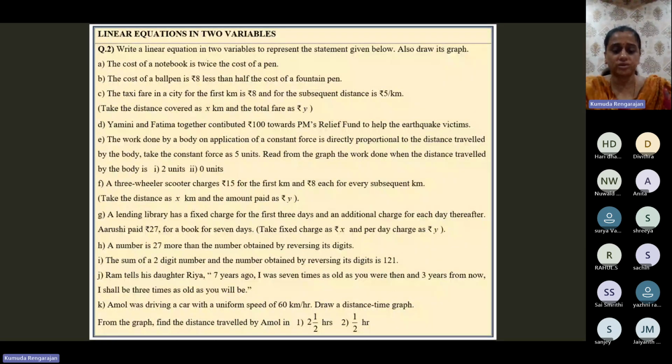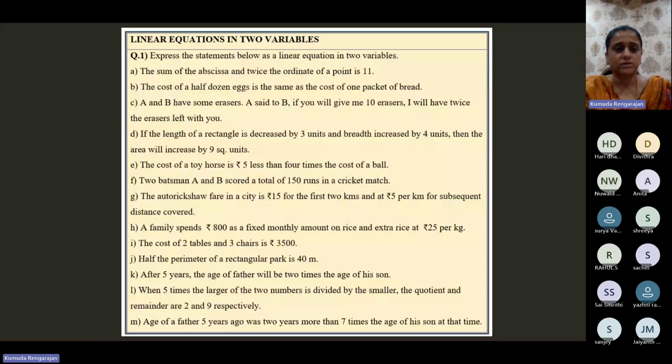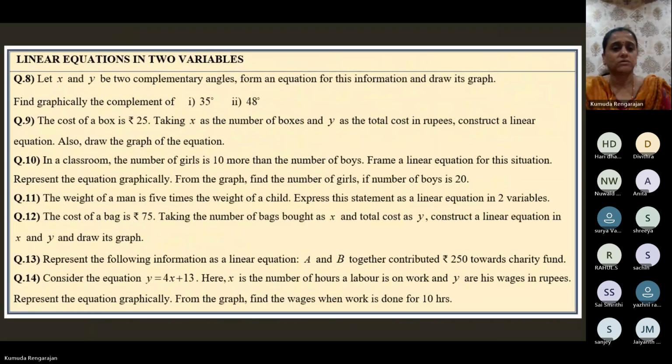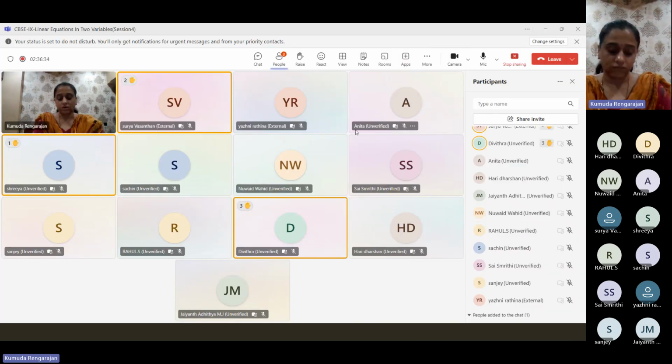I've shared only 2 with you, children. Let me share this one also. Let's see if you can finish it. As I just mentioned, you don't make the graph. Just read the information and construct equations for the images I've sent on WhatsApp. That will be a part of your assignment.